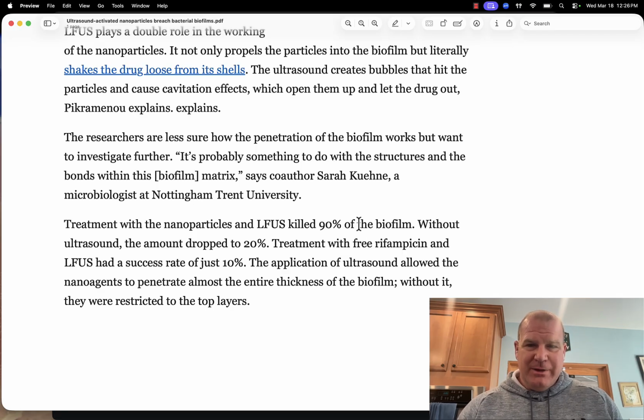But there are always side effects with taking these drugs, and this is a way that we can get the drugs specifically to the infected area for the patient and limit those side effects. It also makes them more effective, so we need less of them. That's nice.